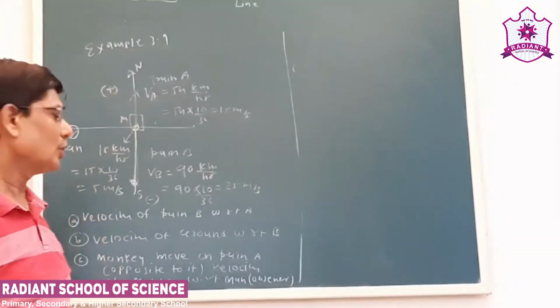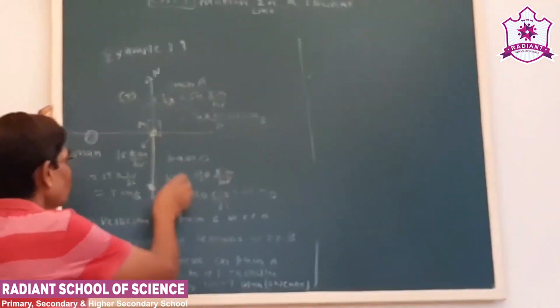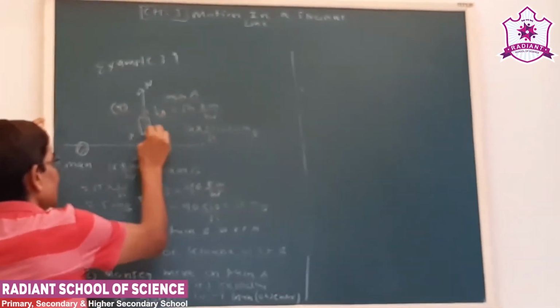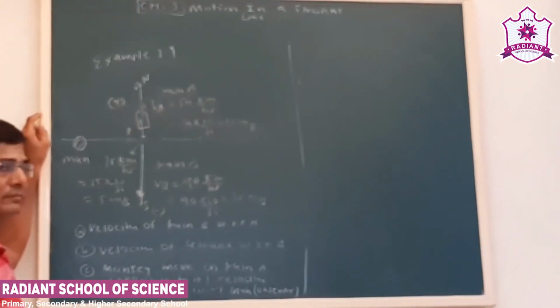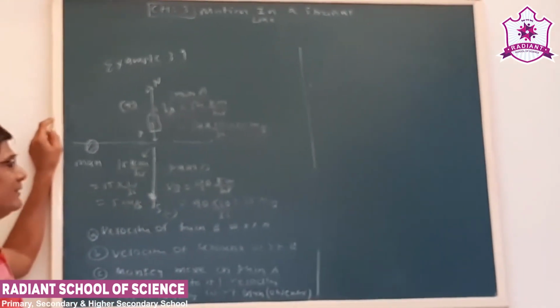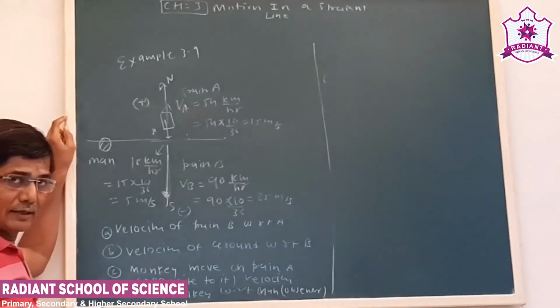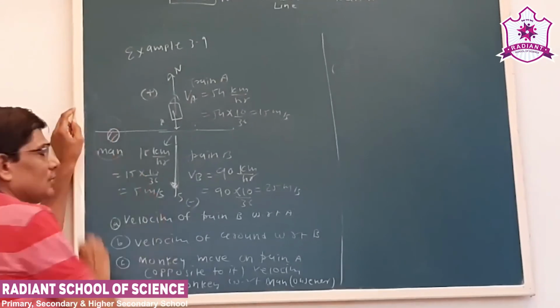Now see our third part of the question. See the monkey moves on train A. Now let us say this is our train A. The monkey moves in the opposite direction to the direction of train A, now with the velocity of 5 meter per second. See, we have to find out the velocity of the monkey with respect to a stationary observer or man on the earth.